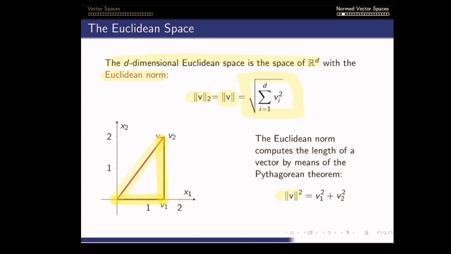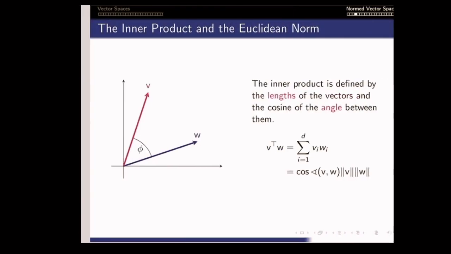It's basically what you know from the Pythagorean theorem, at least in the space R squared. If you have a triangle with a 90 degrees angle here, then the length of the hypotenuse is the same as when you add the squared v1 and v2.